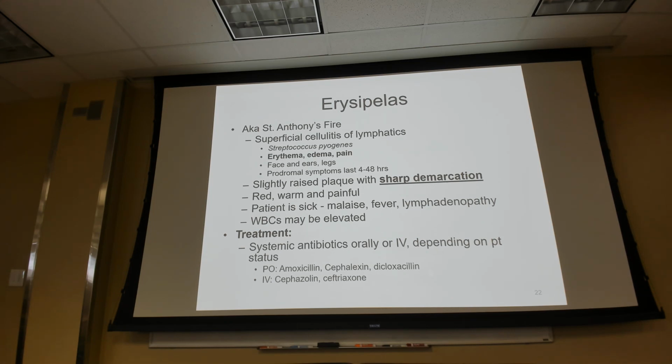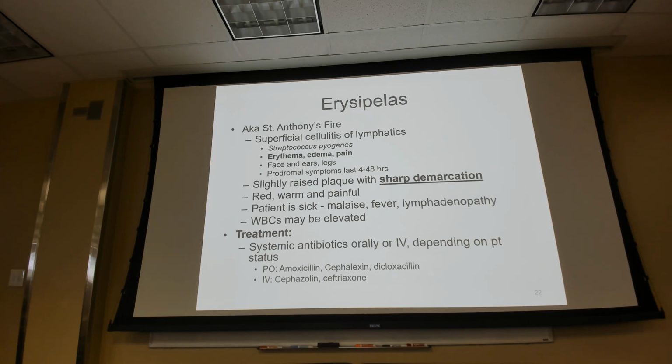The one that I just passed over, erysipelas, is Streptococcus pyogenes. Strep. Red, warm, and painful. Malaise, fever, lymphadenopathy, white blood cells. So it looks like this one could be similar to cellulitis, right? Okay.